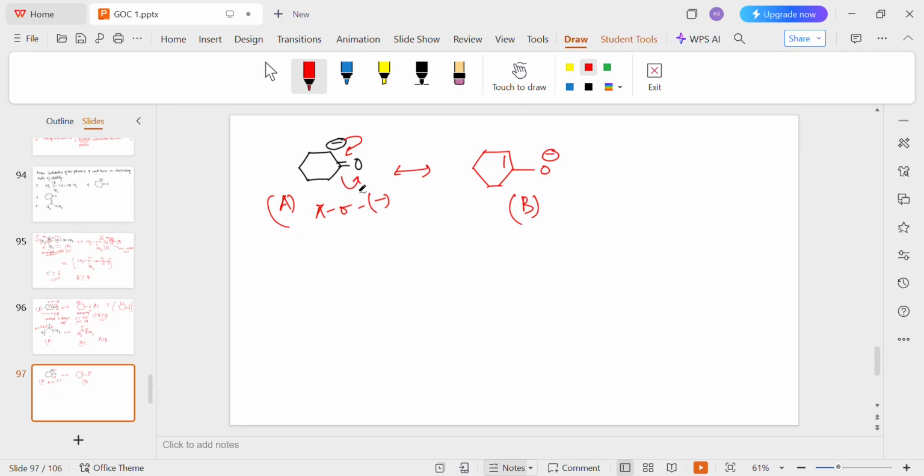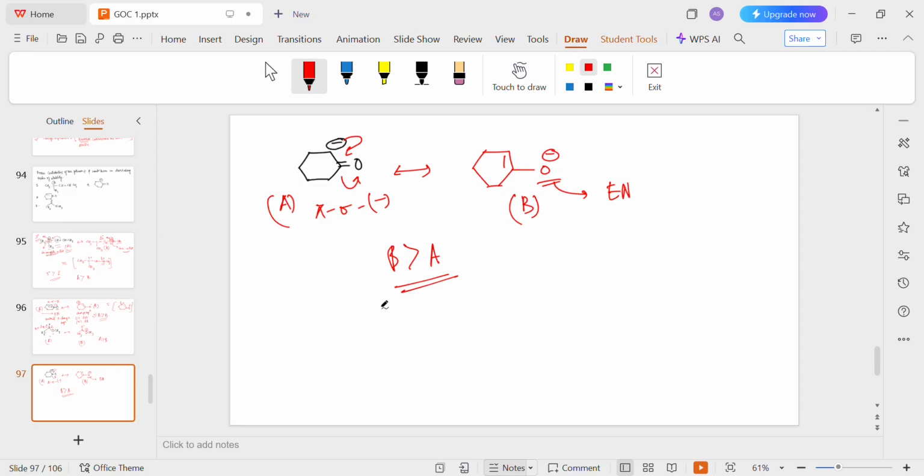Here the negative charge resides on carbon, which is more positive than oxygen. Here the negative charge resides on oxygen, which is an electronegative element. Okay, so of course, if you see the tendency of accommodating the negative charge, oxygen is more efficient in accommodating the negative charge due to its high electronegativity. So structure B will be more stable than A. Okay, in all the structures you have seen how we are ranking different contributors.